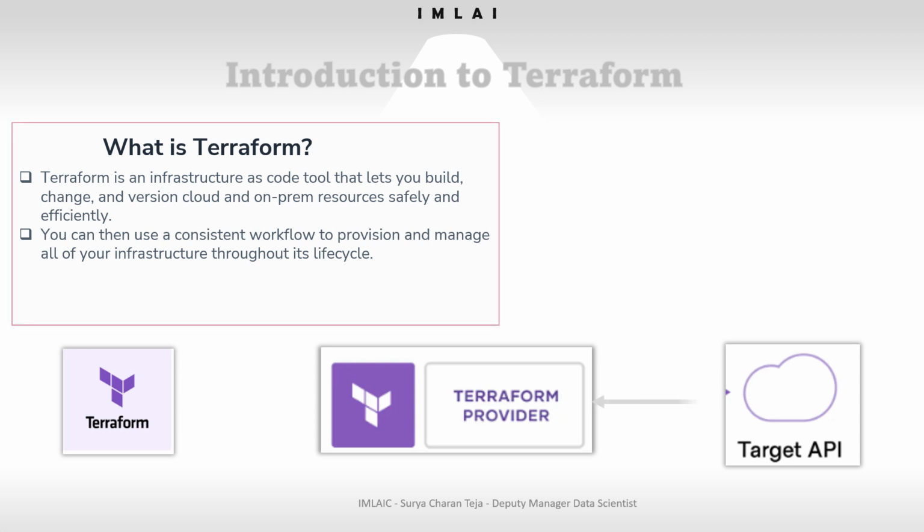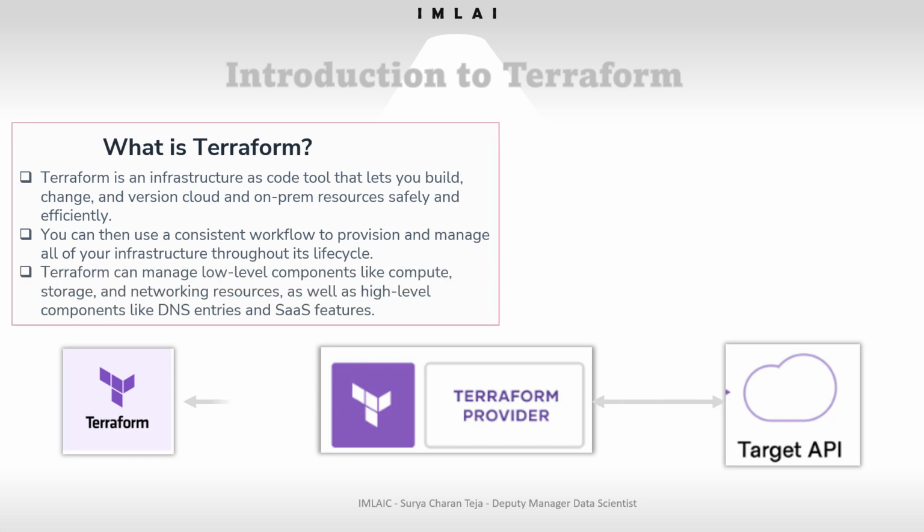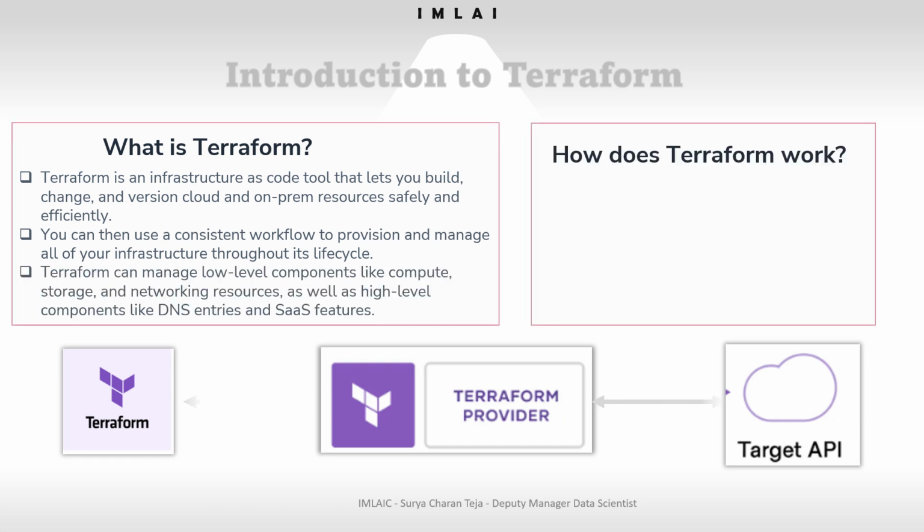Now let's look into the flow of Terraform. How does Terraform work? Terraform creates and manages resources on cloud platforms. You can see the animation on the window. Terraform creates and manages resources on cloud platforms and other services through the application programming interface, that's called API in short.